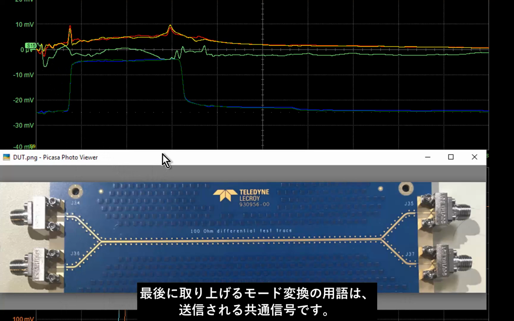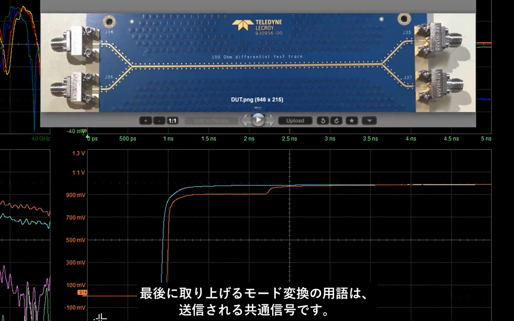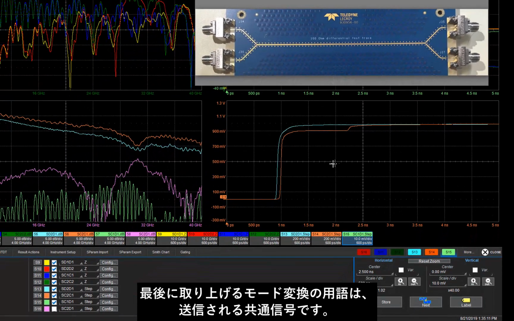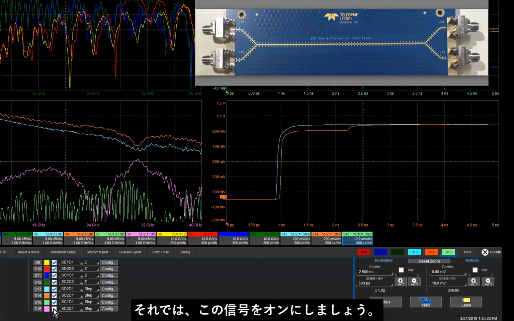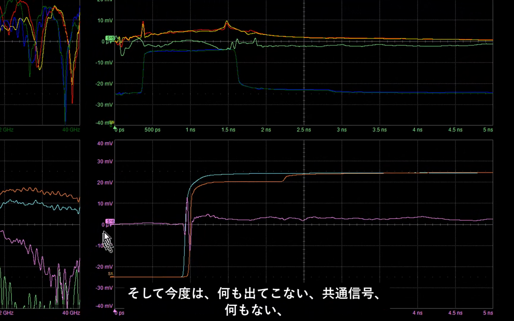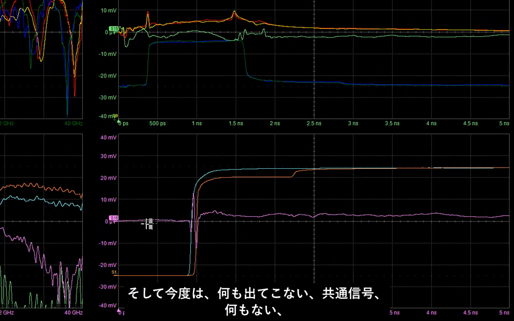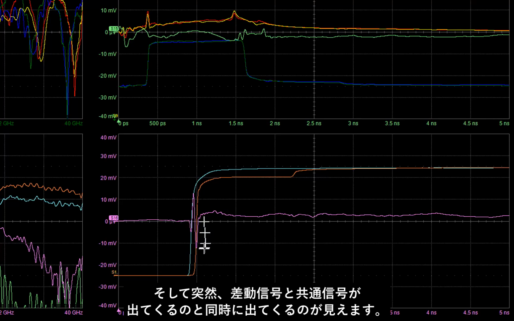And the last mode conversion term we're going to take a look at is the transmitted common signal. We send a differential signal in, we look at the common signal coming out in the time domain, and that's the SCD21 term. So let's turn that one on. And now again we see nothing coming out, no common signal, nothing, and suddenly we see it coming out coincident with when the differential and the common signal are coming out.